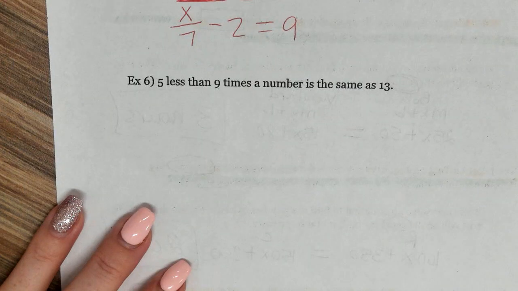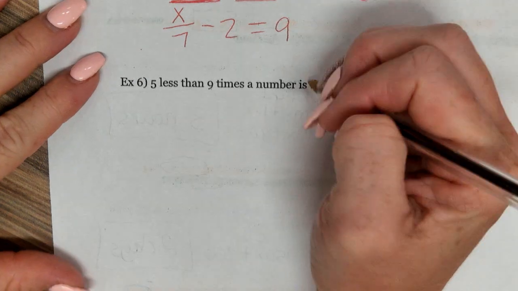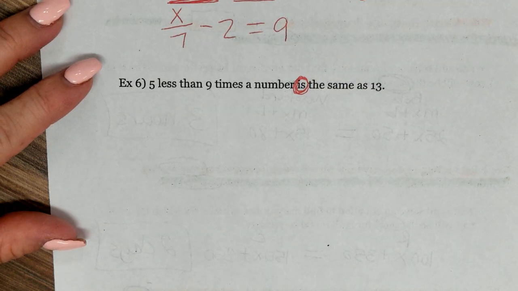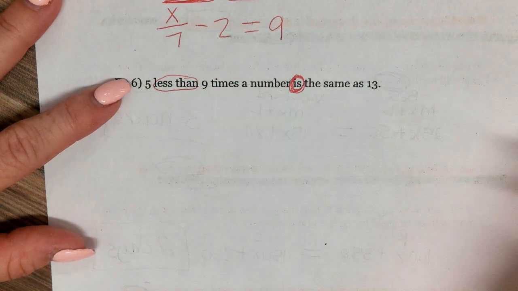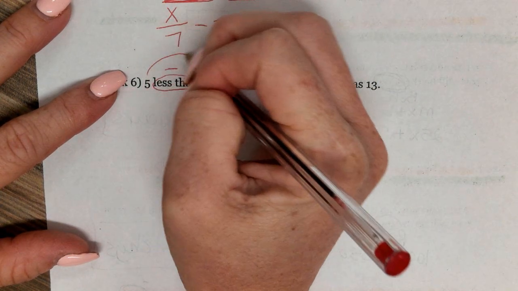All right, last one. 5 less than 9 times the number is, circle the word that means equals. All right, the first clue word is less than. What did we learn about less than yesterday? We switched their spots and it's subtraction. So it's going to go like this.